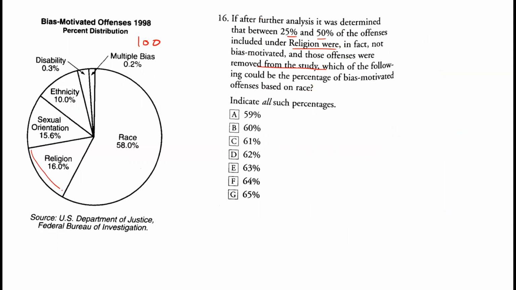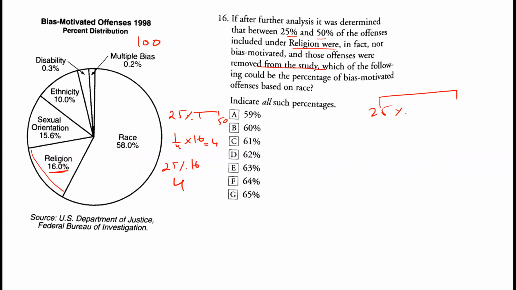Now religion is 16%, and 25% to 50% of it were removed. So if 25% were removed, and there were 100 offenses, then 16 were under religion. So what is 25% of 16? That's 4. So 1 upon 4 times 16 is equal to 4.